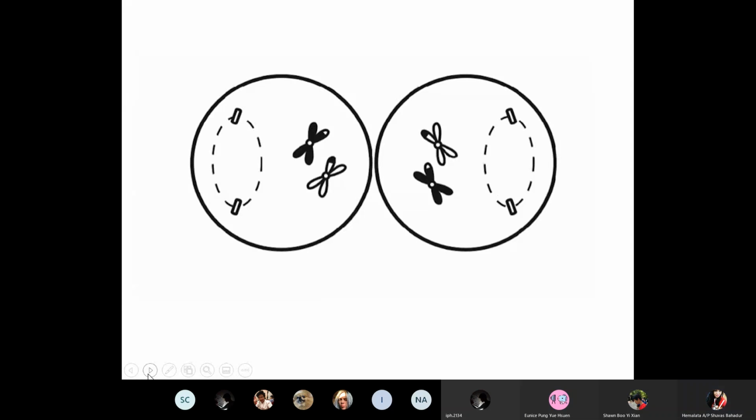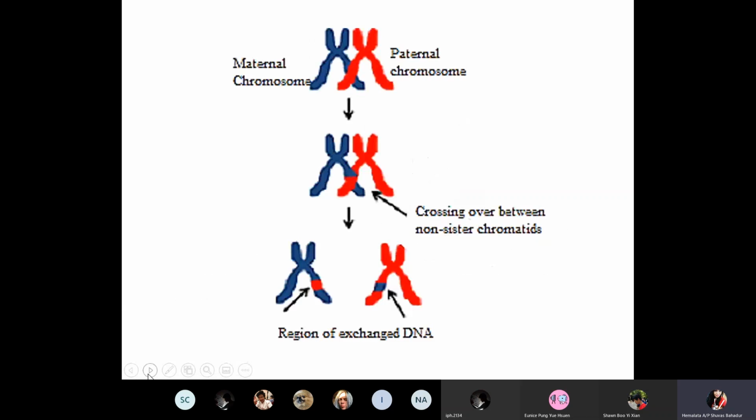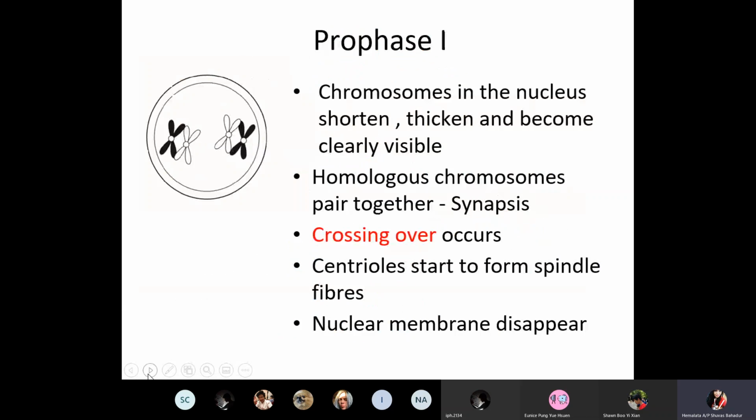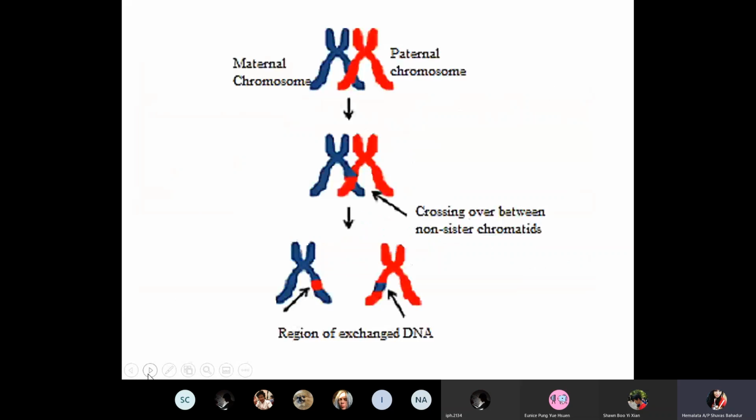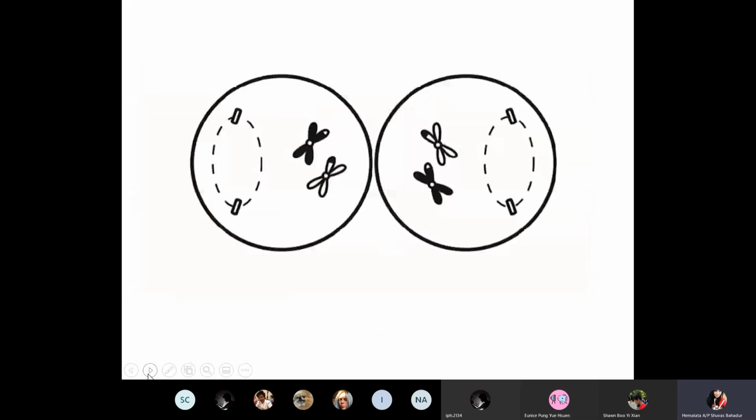Telophase 1. Now, earlier we had how many chromosomes? Okay, 4 chromosomes, right? Can you see 4 chromosomes inside the nucleus? 1, 2, 3, 4. But at the end, at telophase 1, it divides into 2 cells. And how many chromosomes does each of the cells have? 2. So what does that actually mean?